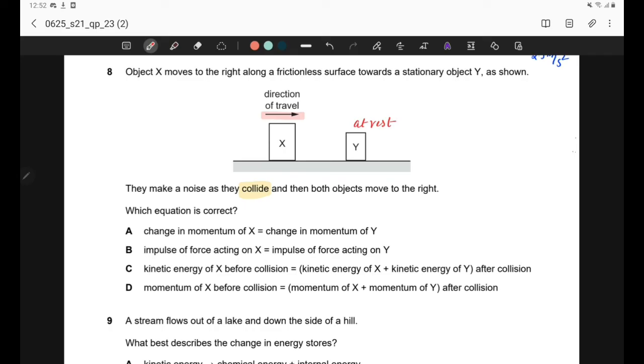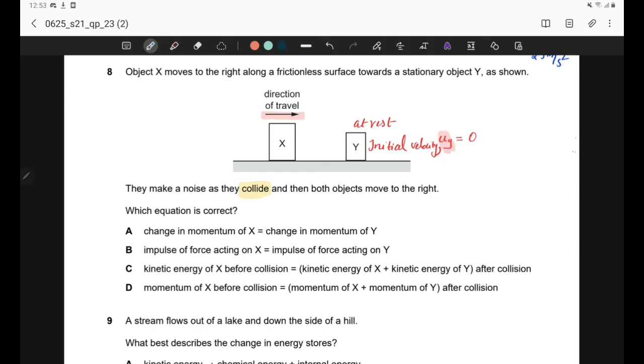That means the initial velocity of Y is 0. Uy is nothing but the initial velocity of object Y. We can represent that as Uy, which is 0, as it is at rest.